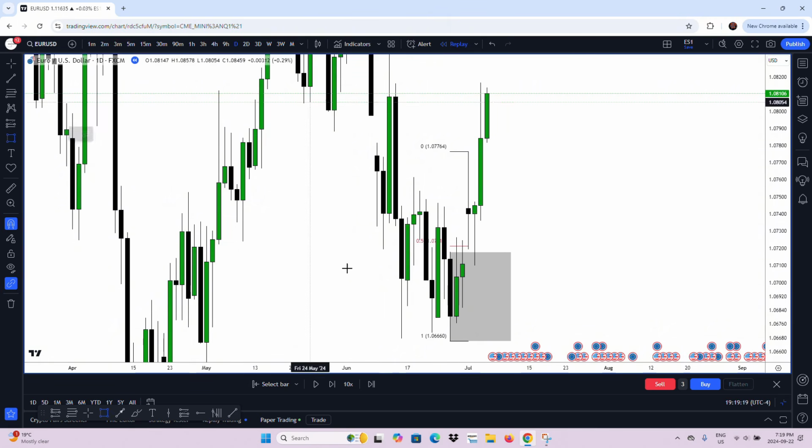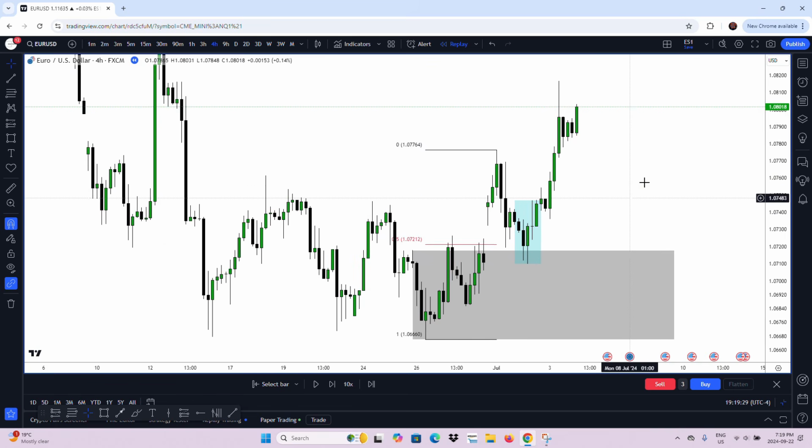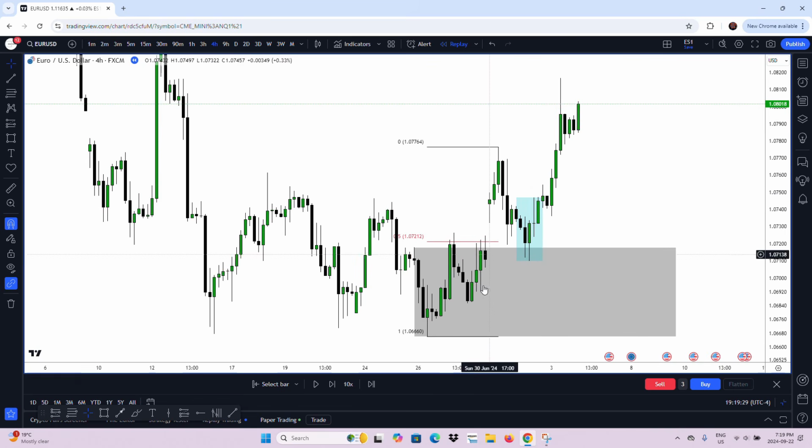Okay, so let's square off Tuesday's price action and show you exactly what went on. Let's color code this in blue and drop down to a 4-hour time frame. As you can see, this was Monday's price action, creating the high of the dealing range. We then expanded lower.